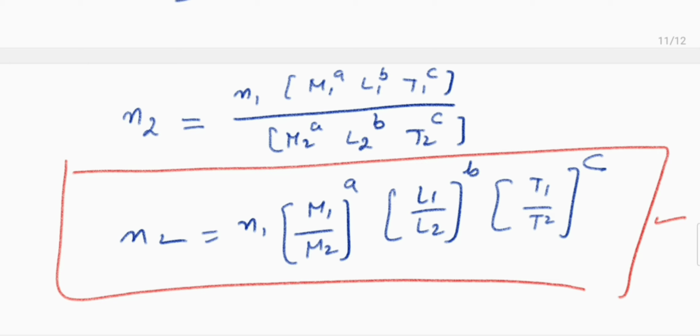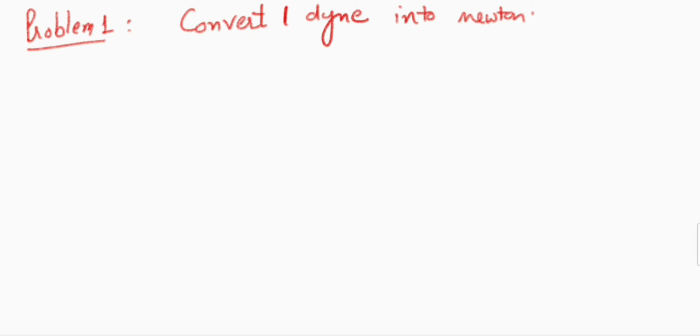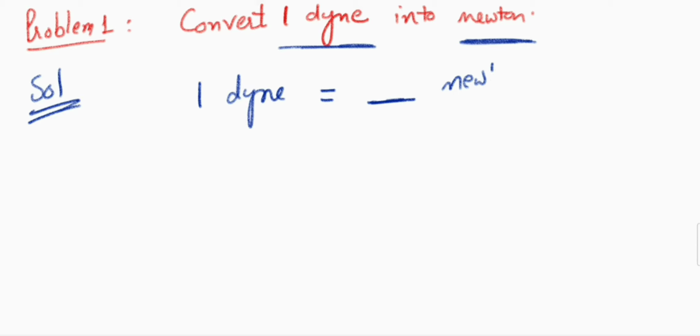To get more clarity about it, let me take one example. We have to convert one dyne into Newton. We know the dyne is the CGS unit of force and Newton is the SI unit of force. So here we have to convert one dyne into Newton, so we have to find this n2 value.